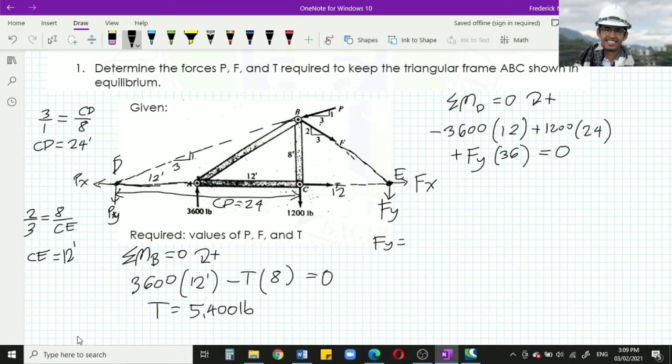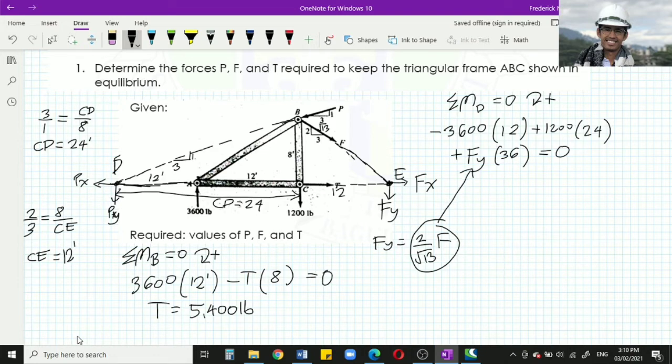Okay? So square root of 13 yung ating hypotenuse. So yung FY natin, that will be equal to 2 over square root of 13 F. Okay? Tama ba?